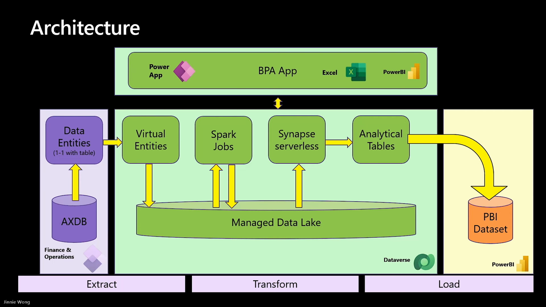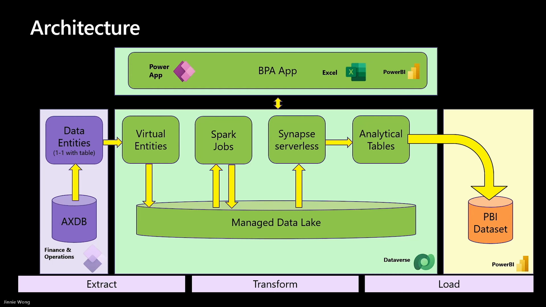So now we'll deep dive into each of these phases. Starting with extract, each of the entities required for generation of the dimensional model for all of the value chains we have seen in the earlier slides is backed by the underlying tables and the virtual entities in the FNO database. These tables are mapped with the virtual entities which are created at the time of app installation.